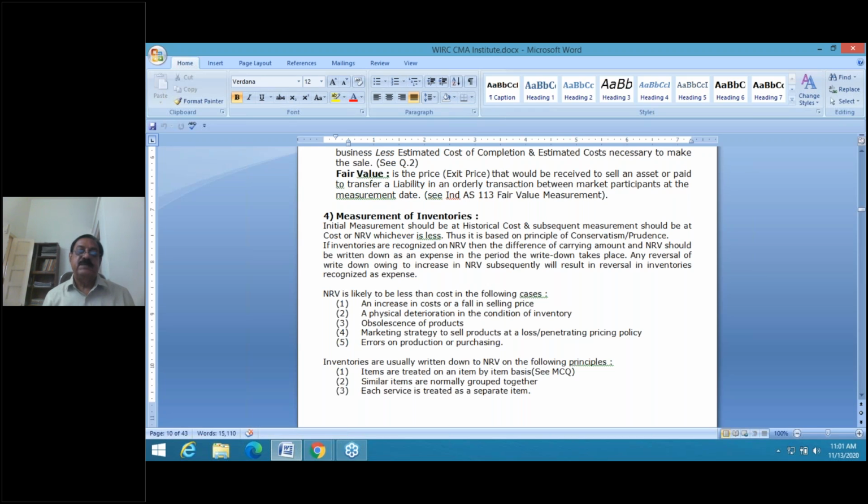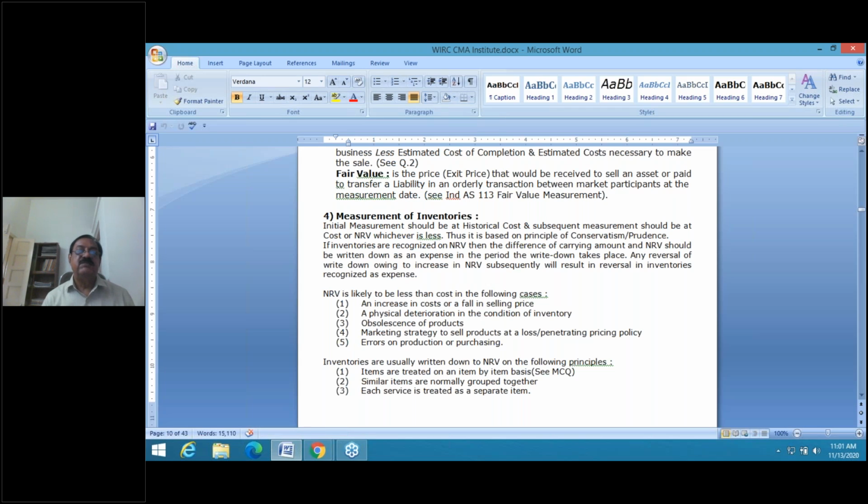Purchase price is known as entry price, sale price is known as exit price. So here you have to take the exit price, meaning the sale price, that would be received to sell an asset or paid to transfer a liability in an orderly transaction between market participants at the measurement date. Accordingly, you have to take the fair value, which is the exit price to sell the asset.